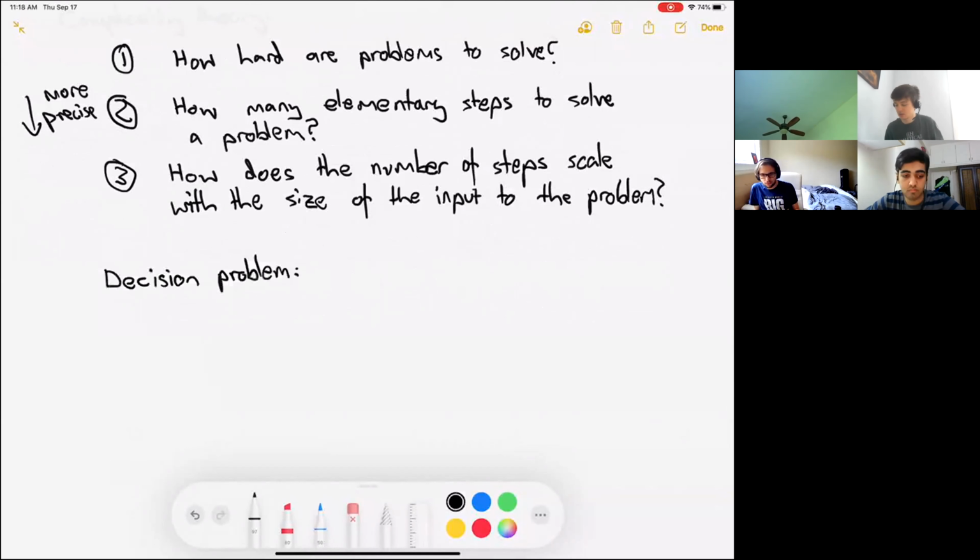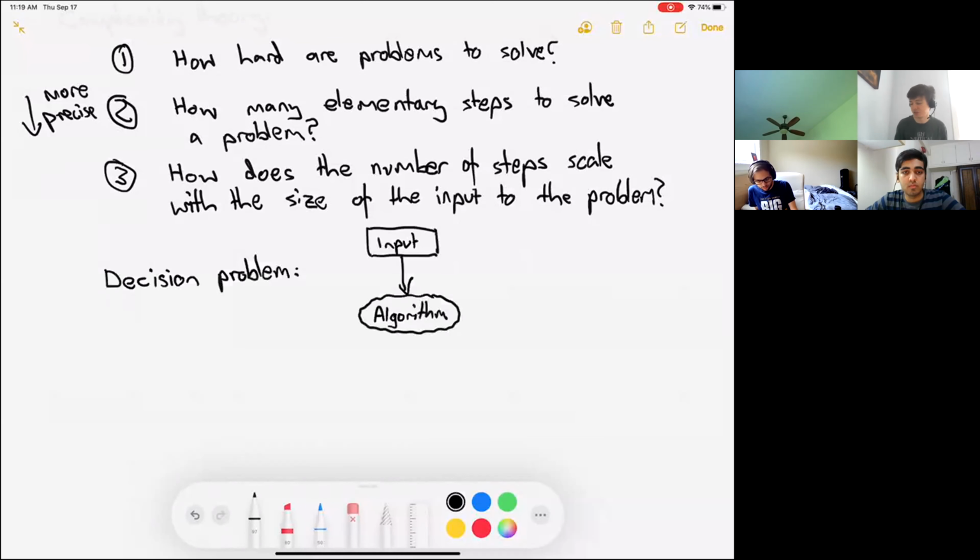What happens is you have some input that consists of, say, n bits, okay? And you're going to want to know how the difficulty scales with the number of bits. So this input goes into an algorithm, and the algorithm is the thing whose difficulty is scaling with the number of bits, where by difficulty, there's a whole host of things that could mean, as we'll see.